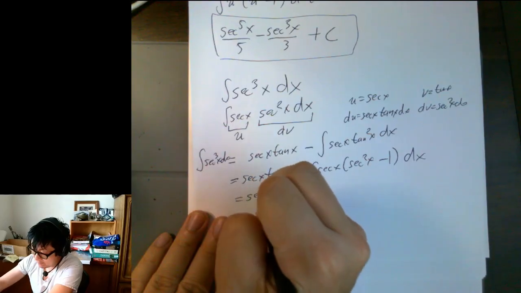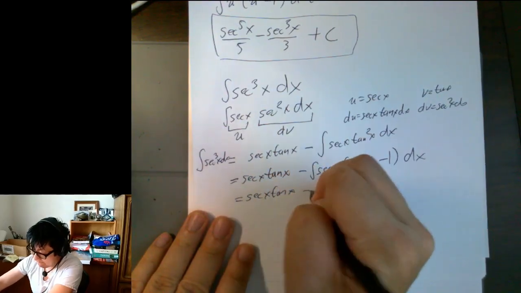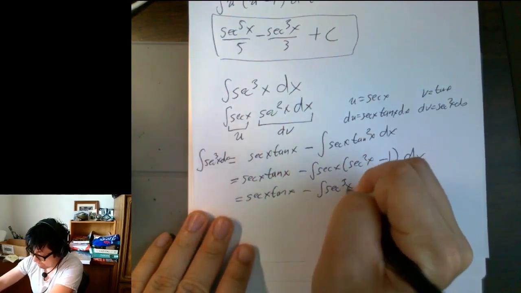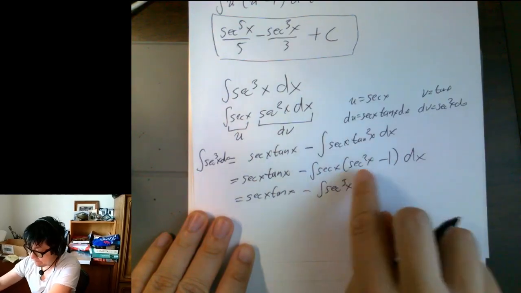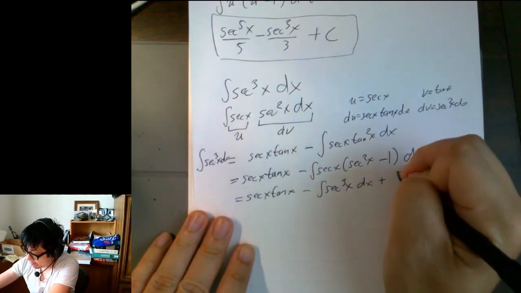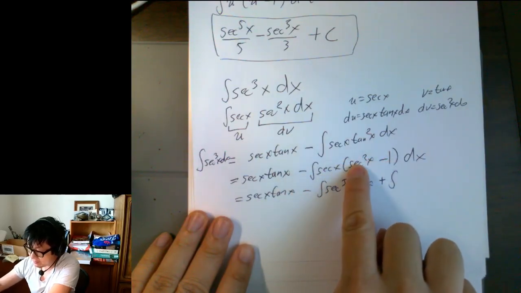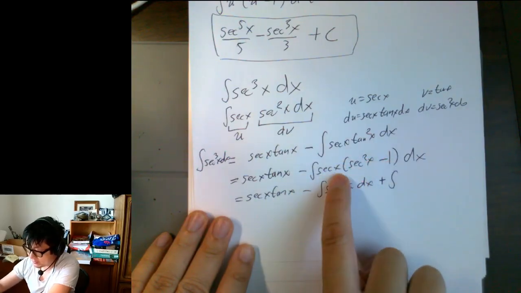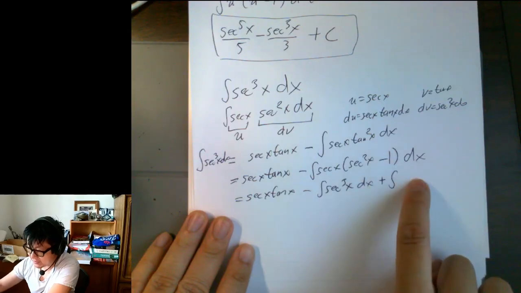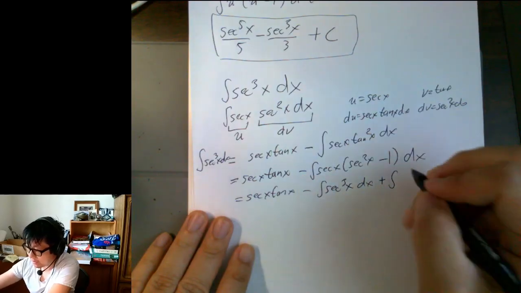And simplify. And then split apart this integral. Secant x times secant squared is secant cubed. Secant x times negative 1 is negative secant x, but with the negative here, we'll turn that positive.